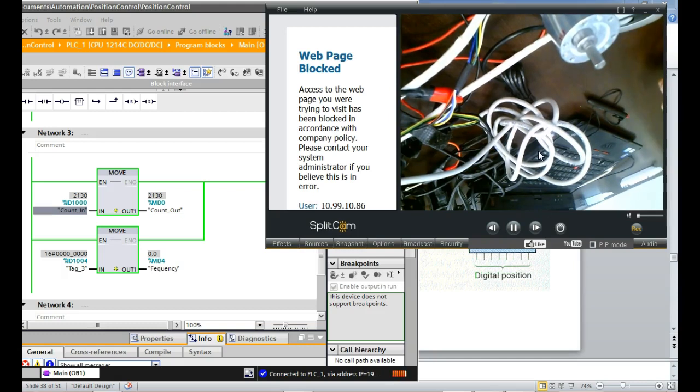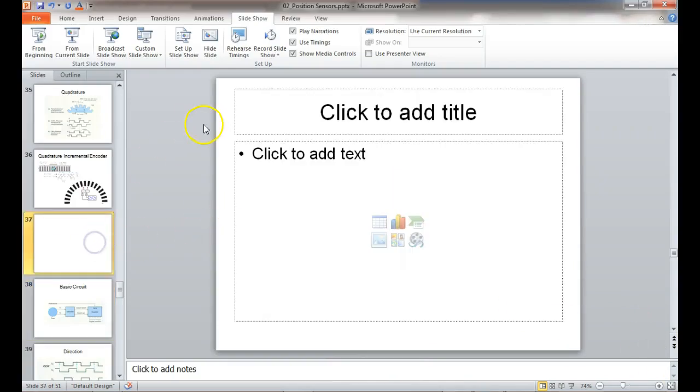Okay. So what I can do is come up here and calculate a count per degree, right? You understand that? I could take 2100 and divide that by 360 and that would give me the count per degree. Yes or no? It's telling you the way you would actually do the math. So it says counts per degree.